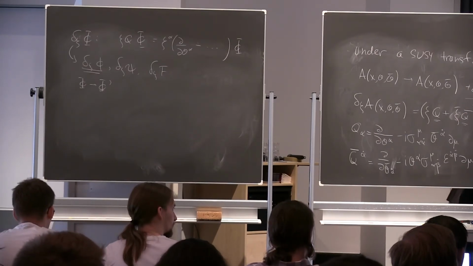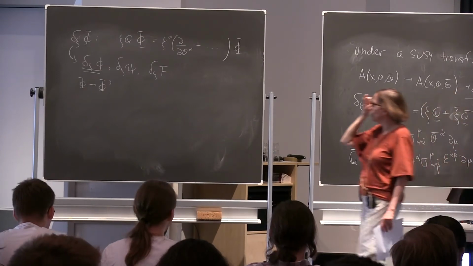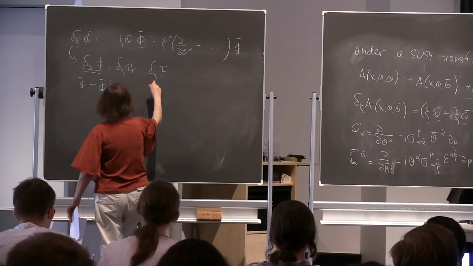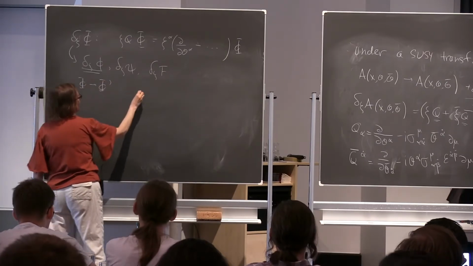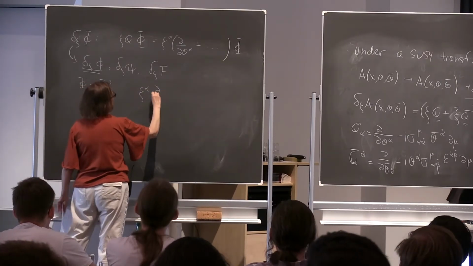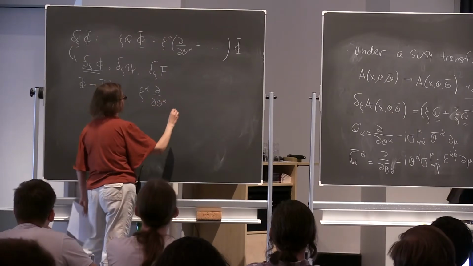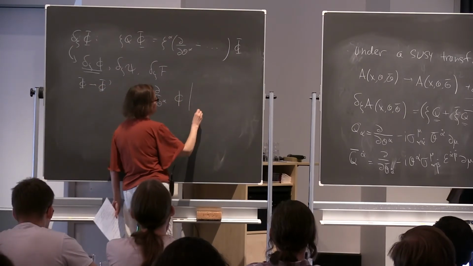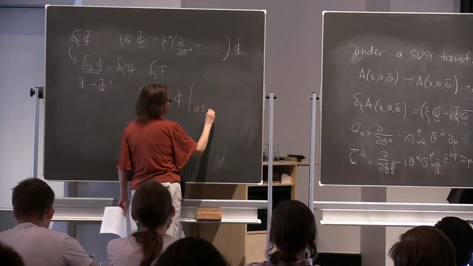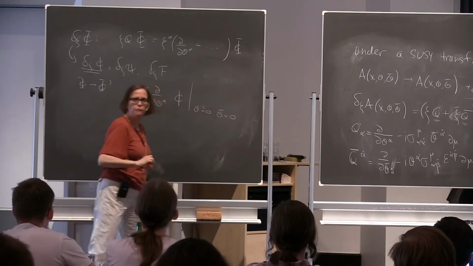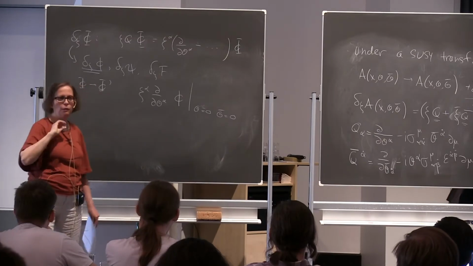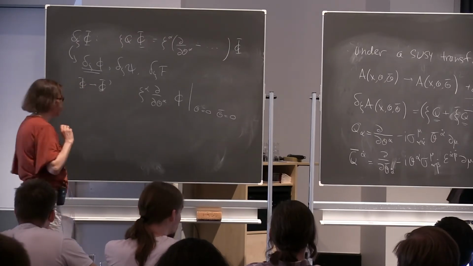So in order to look for the transformation of this guy, I should apply this thing. I should look at, for example, xi alpha d over d theta alpha of phi, and keep just the term with theta equals 0 and theta bar equals 0. Because I'm looking for the lowest component. I'm just looking at the scalar field.